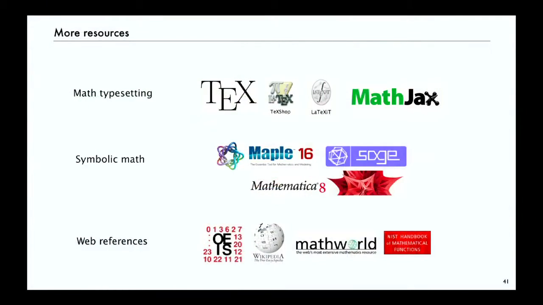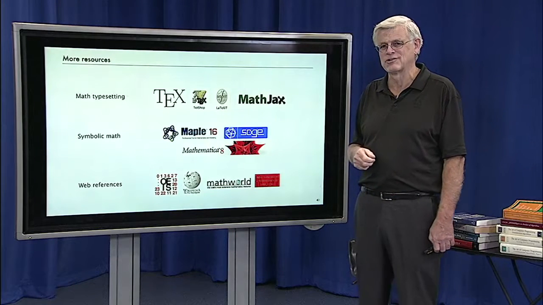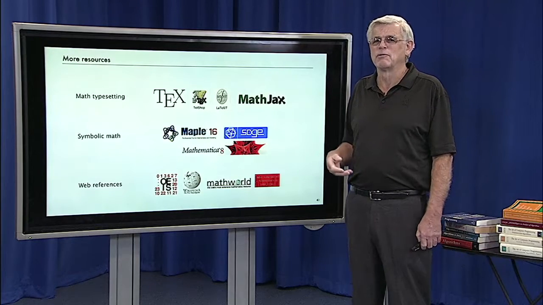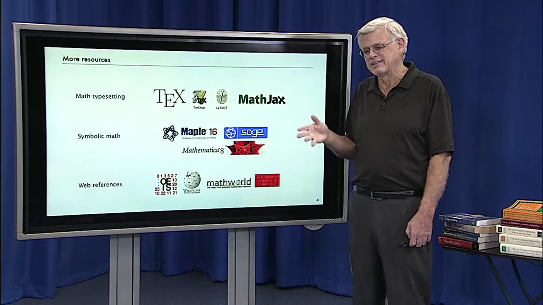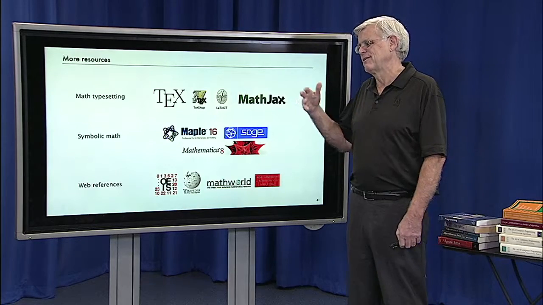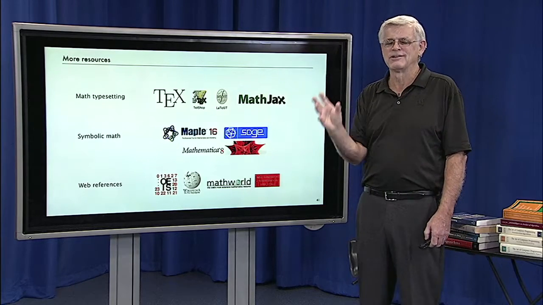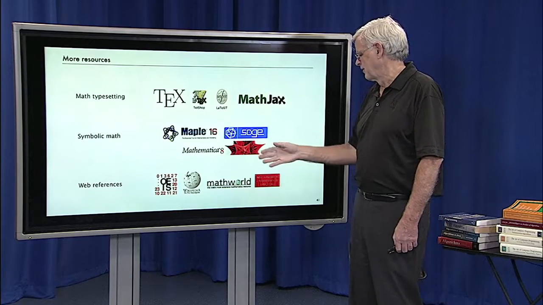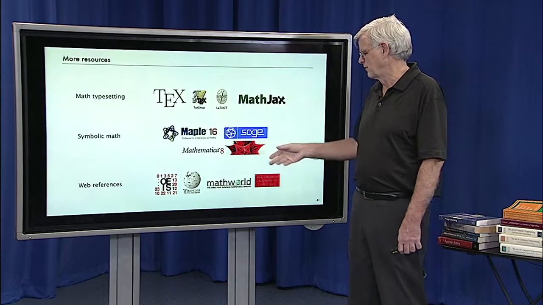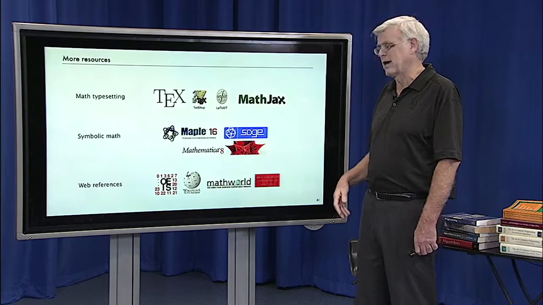And then there are a lot of other web resources out there that practicing mathematicians and students in this course will certainly use regularly. One is the Online Encyclopedia of Integer Sequences, and I'll refer to that on several occasions, I'm sure. Wikipedia is a pretty good resource for math nowadays. And again, with the kind of math we're doing, even if you think that the information on the web is wrong, usually you can check it. There's MathWorld, which is associated with Mathematica.